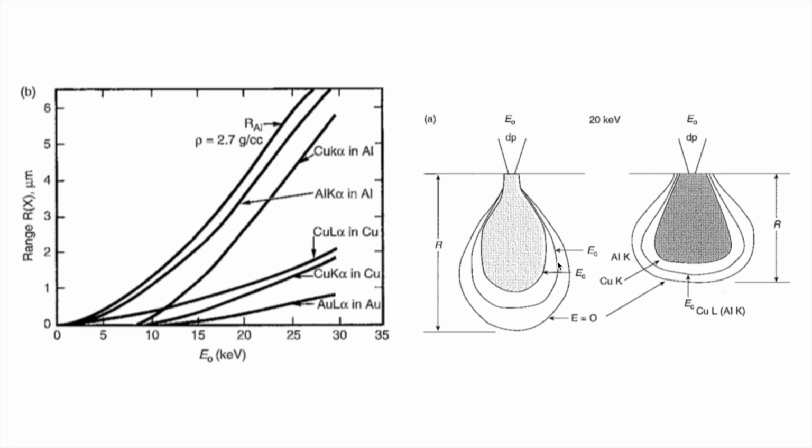Once X-rays are produced, how far can they escape? That's the other portion we have here. Let me switch back to the slides, and I'll show you the relationship between this interaction volume and the beam voltage.